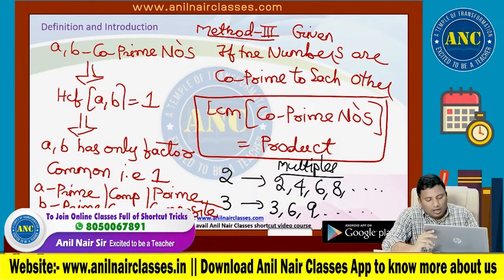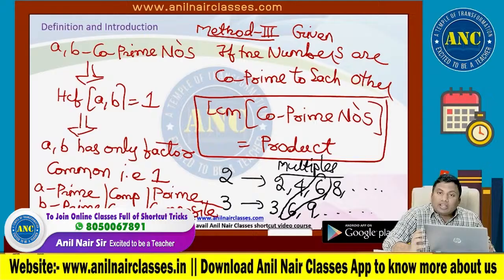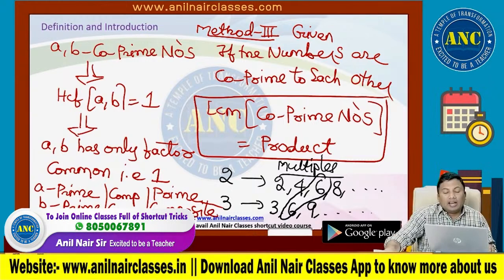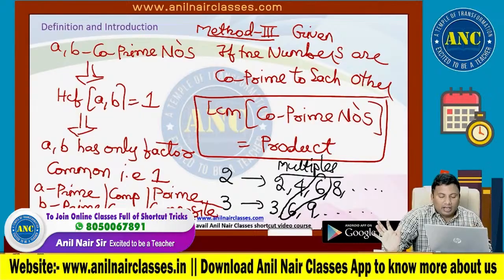What is the LCM where the numbers meet? The lowest value where they meet is 6. So what is the LCM of 2 and 3? LCM of 2 and 3 is 6, which is nothing but their product. LCM of co-prime numbers will always be their product.